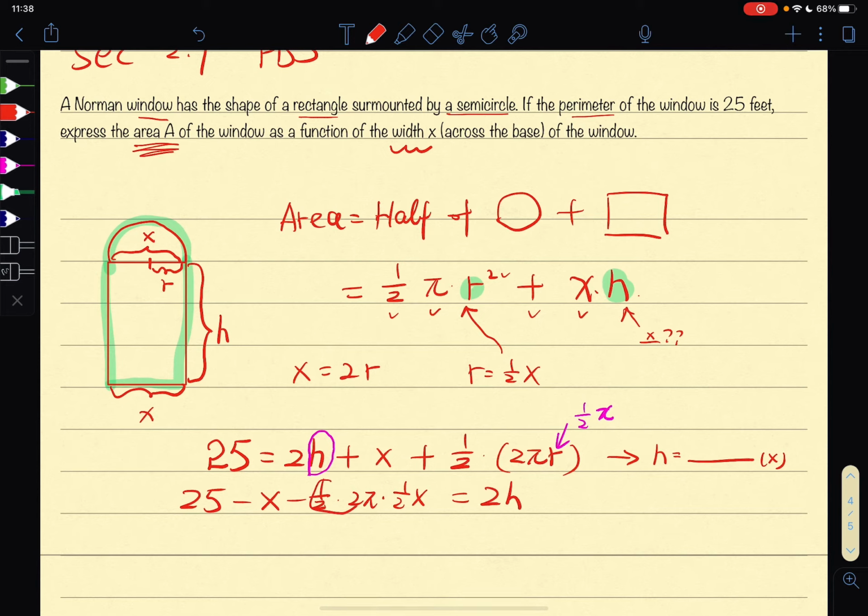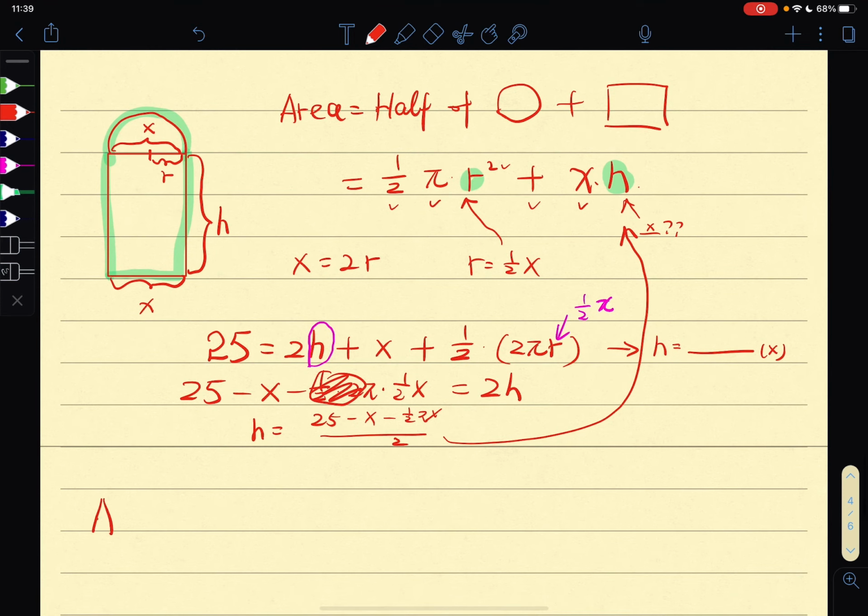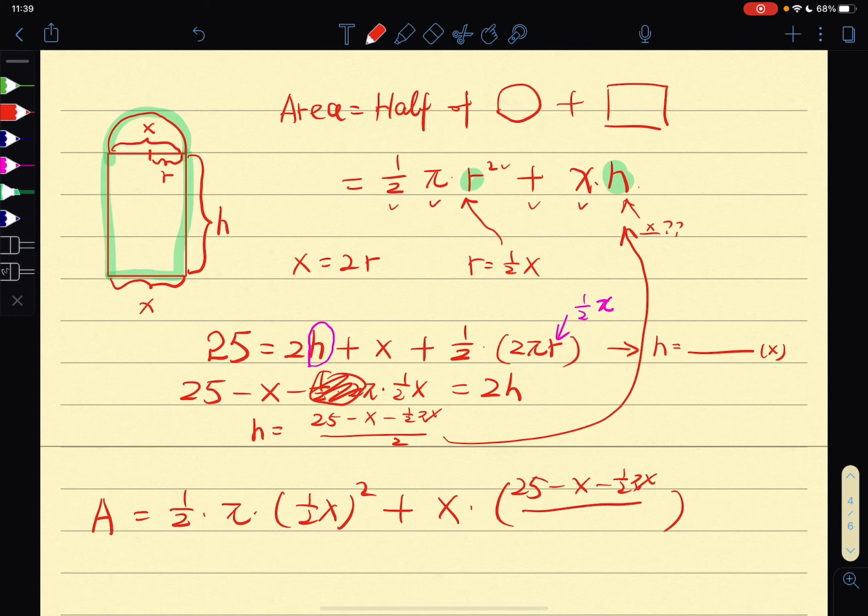You can simplify this a little bit. What you end up with is h is 25 minus x minus 1/2 of pi x, divided by 2, and you plug it back in there. So my final area answer is 1/2 of pi r squared plus x times (25 minus x minus 1/2 of pi x) divided by 2.